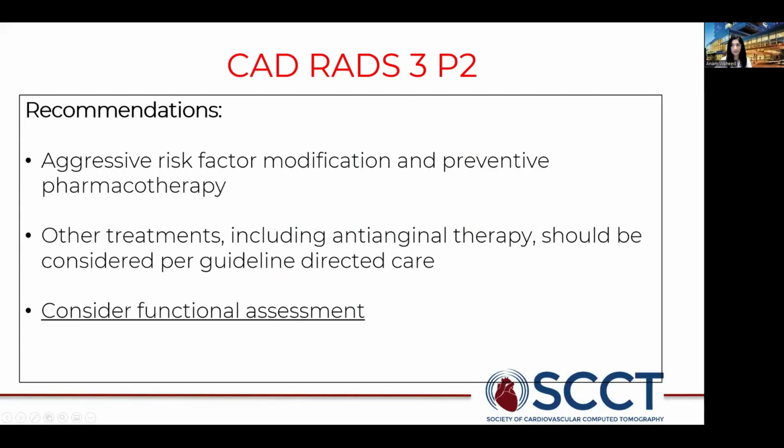So this is taken from table 10 of the CAD-RADS recommendations. And for the CAD-RADS 3P2 category, it is recommended that we do aggressive risk factor modification, preventive pharmacotherapy, other therapies like anti-anginal therapies for guideline-directed care, and functional assessment with either a CT-FFR or a stress test is recommended.